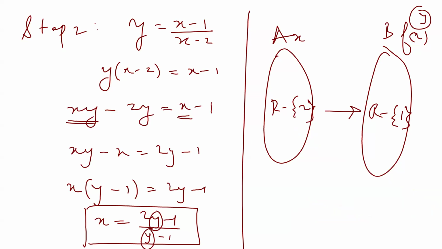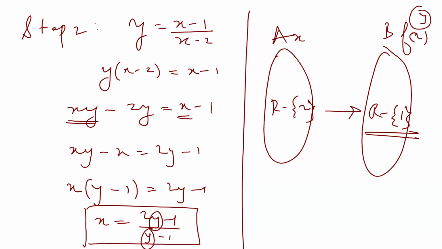So for every real value of y except 1, there is a real value of x except 2. Codomain will have all real numbers except 1. For every object in the codomain, there will be a pre-image in the domain. Therefore, it is an onto function.